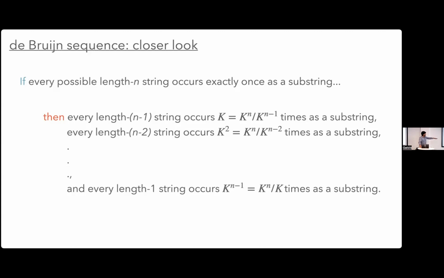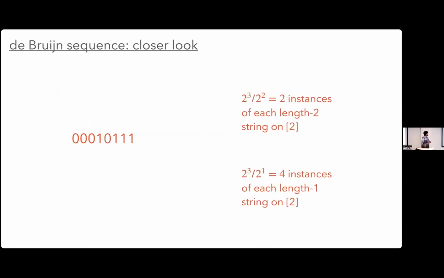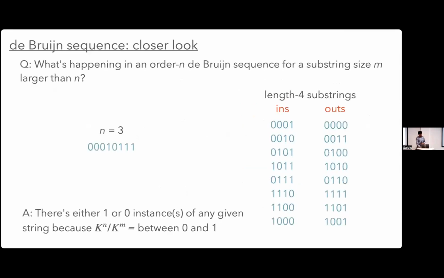And so on, all the way down to how every length 1 string occurs k to the n minus 1, equals k to the n over k, times as a substring. You can see this in that order 3 binary example here. There are 2 instances of each length 2 string on the binary alphabet. You can see 2 instances of 0, 0 here on the left. There are 4 instances of each length 1 string, so there are 4 zeros and 4 ones.